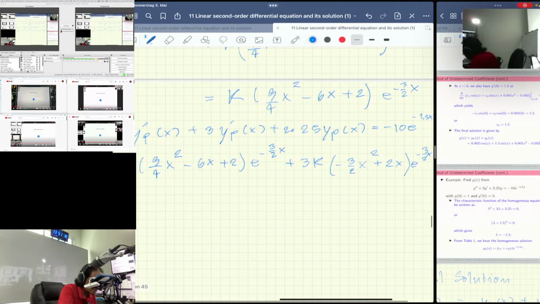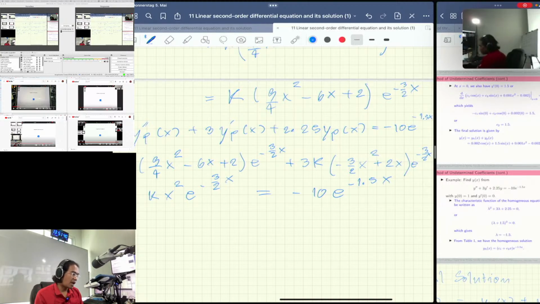And you add it to the y, k x squared exponential negative 3 by 2x, equal to negative 10 exponential negative 3 by 2x. If you combine them, you will see that everything will cancel each other again.